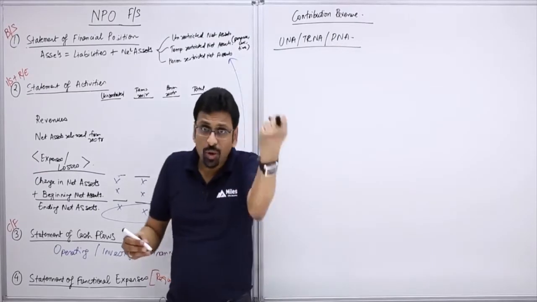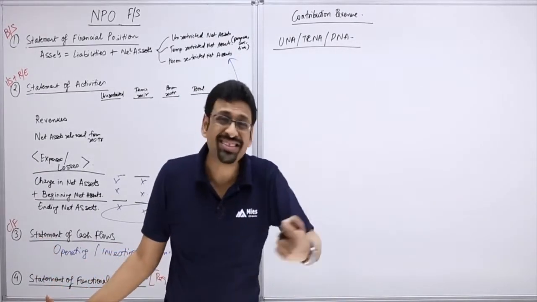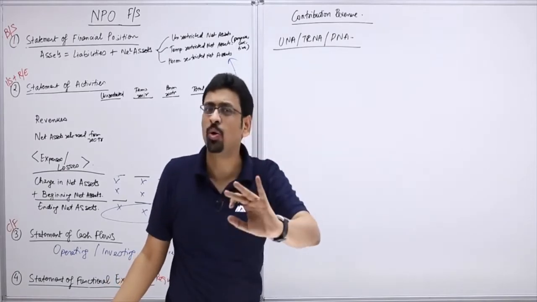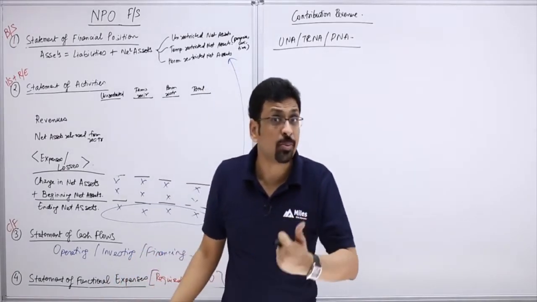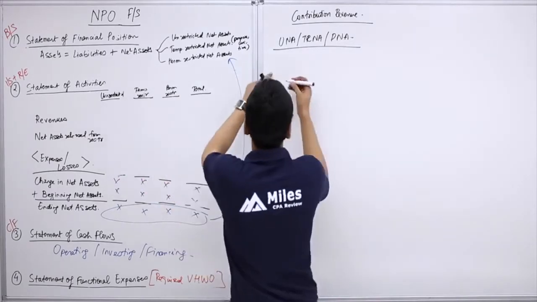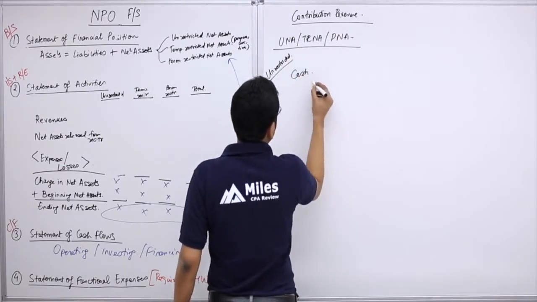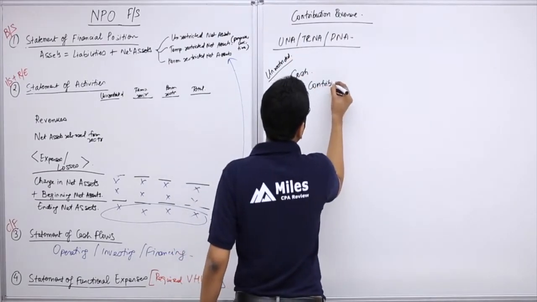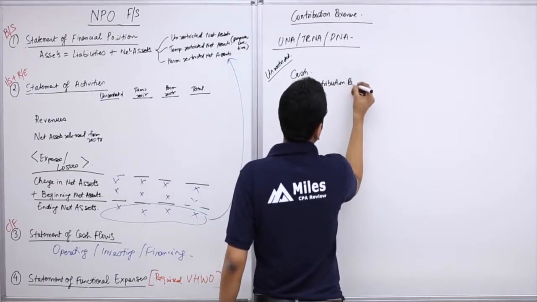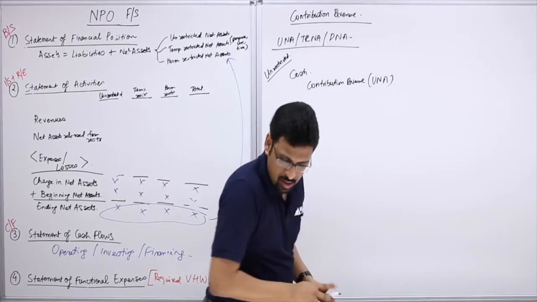So let's say the donor has given us a sum of money, let's say $125, and he said, do anything you want with that. That becomes contribution revenue, unrestricted, goes into this column. So let's put the journal entry for that first. Cash is coming in and the credit is to contribution revenue, unrestricted column.